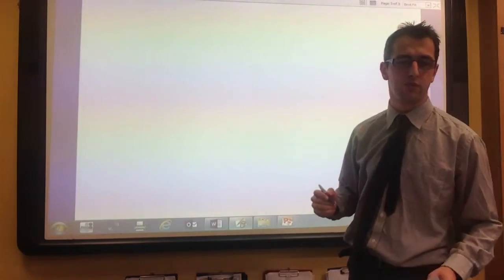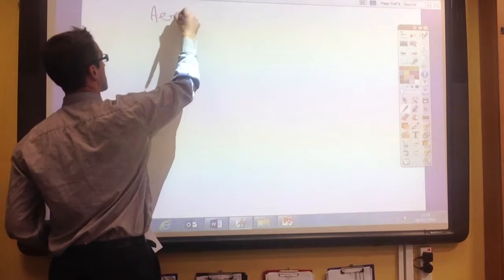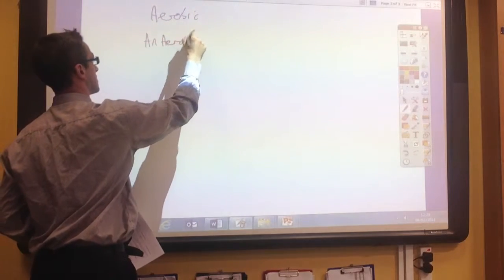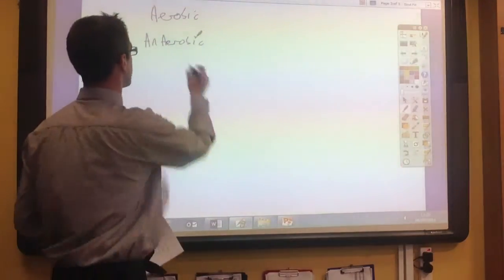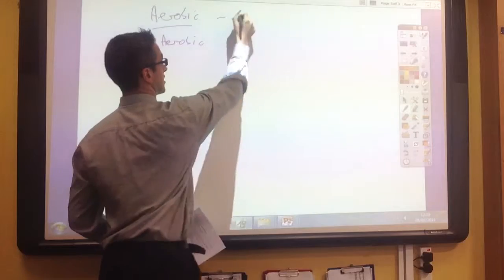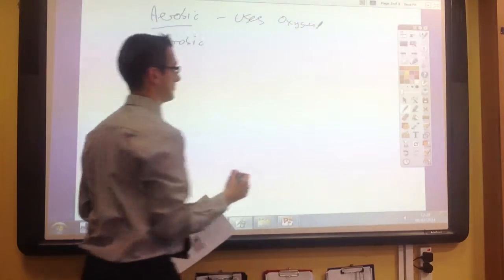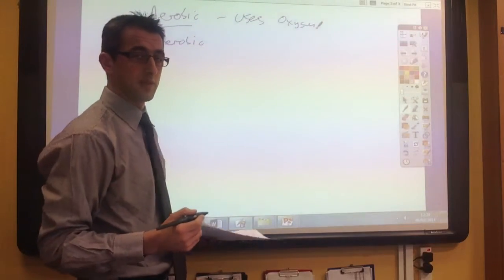Respiration comes in 2 forms, either aerobic or anaerobic. We're going to start by focusing on aerobic respiration. This crucially uses oxygen. The purpose of respiration is to provide us with energy.